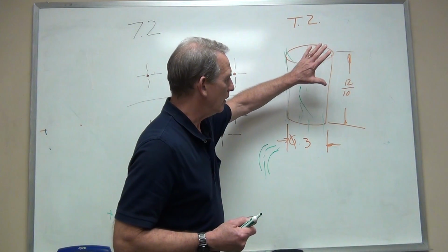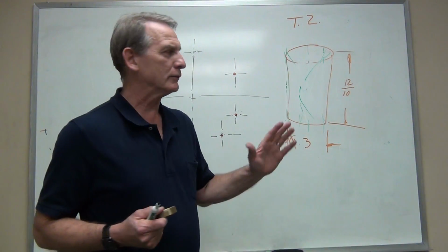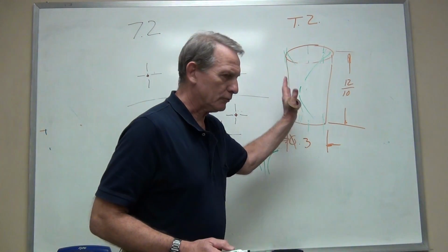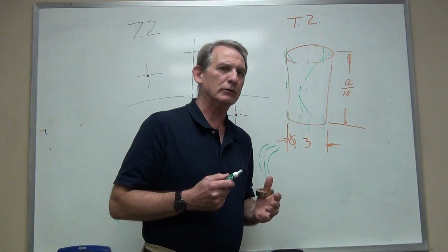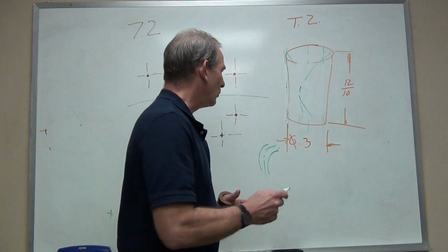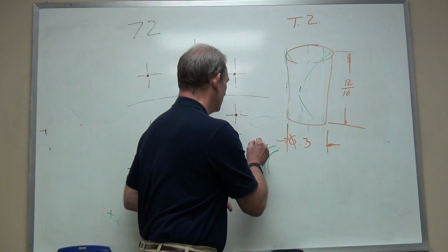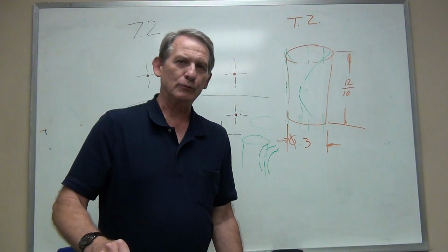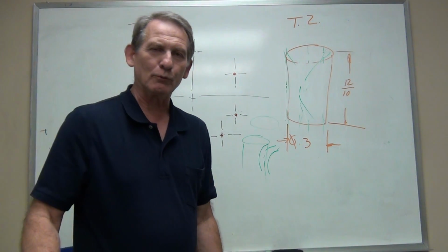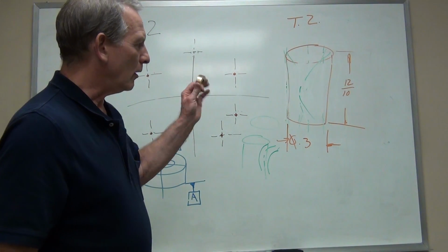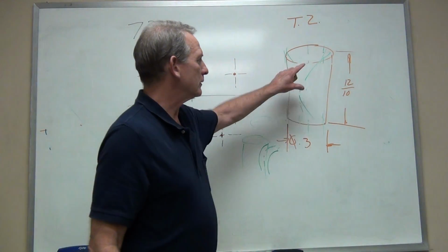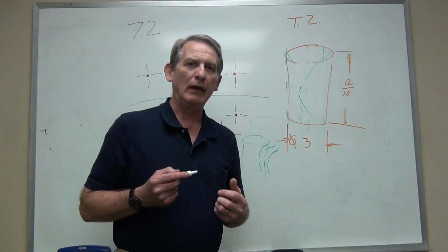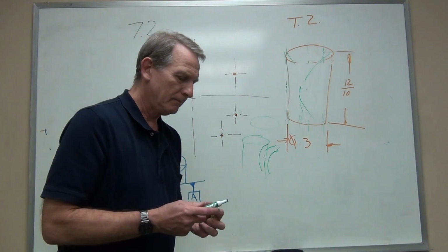But if you don't do that, everything fits into that tolerance zone, and any amount of lack of straightness, lack of cylindricity, lack of roundness of the hole could be oval shaped. Kind of like when you drill a hole in sheet metal, it's very seldom a real round hole. All of those errors are going to be acceptable as long as the amount of error doesn't exceed the boundary of that orange cylindrical tolerance zone.